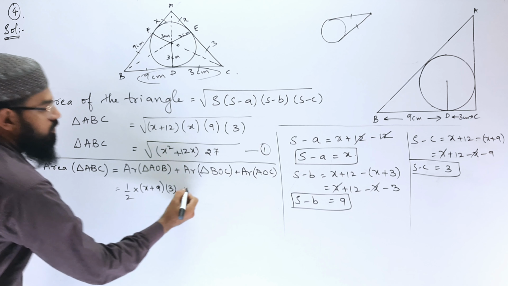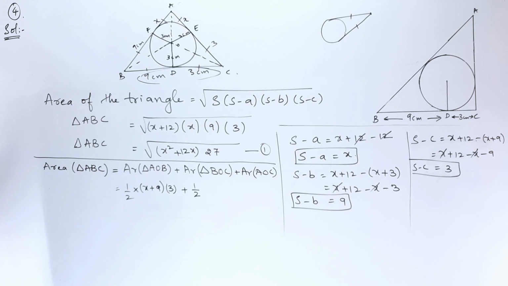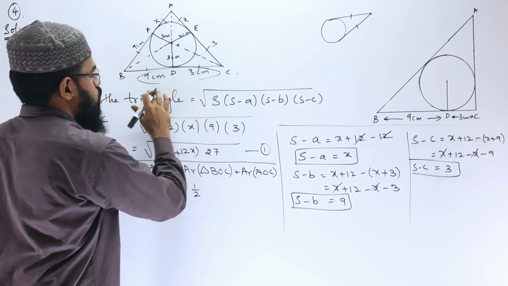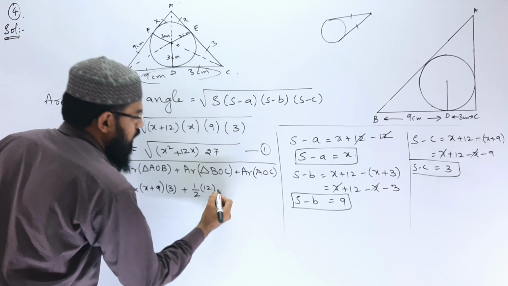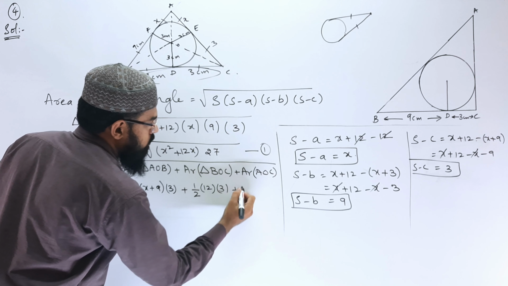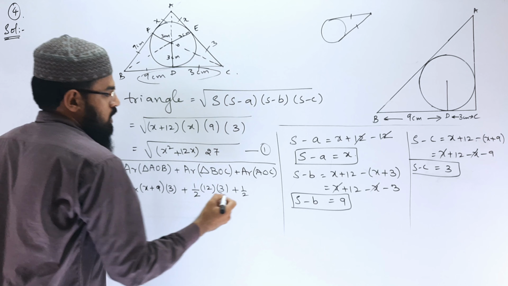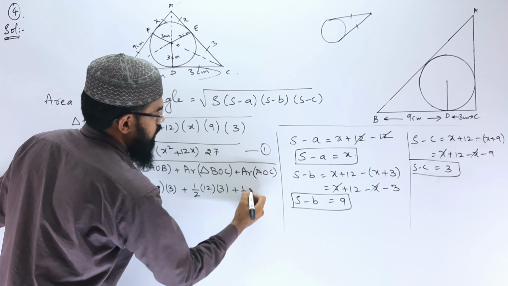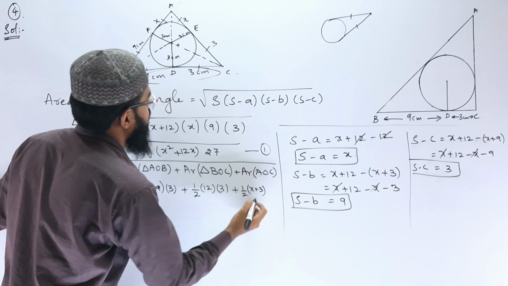Plus half BOC: for BOC the base is 12 and the height is 3 centimeter. For AOC the base is x plus 3 and the height is 3.